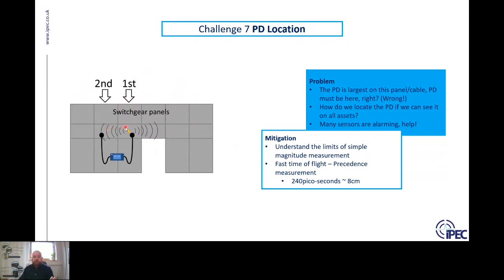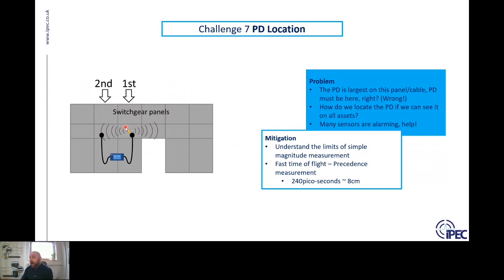So precedence measurement is a way where you use multiple sensors, measuring the arrival time of the PD signal, and you can narrow it down to the specific quickest exit point or nearest exit point of the PD signal. And that therefore will then give you an indication of where the PD may be coming from, so you can then move to your final phase, which is switching operations.